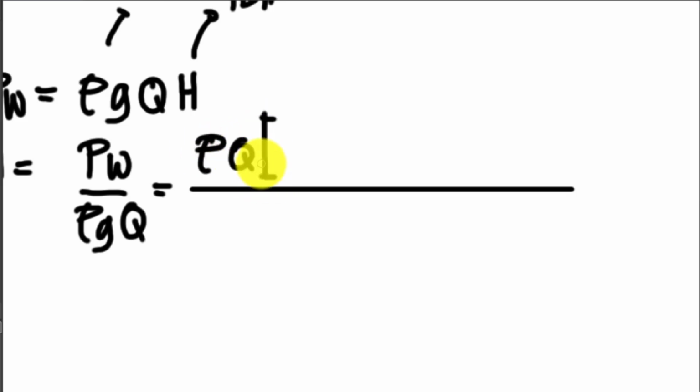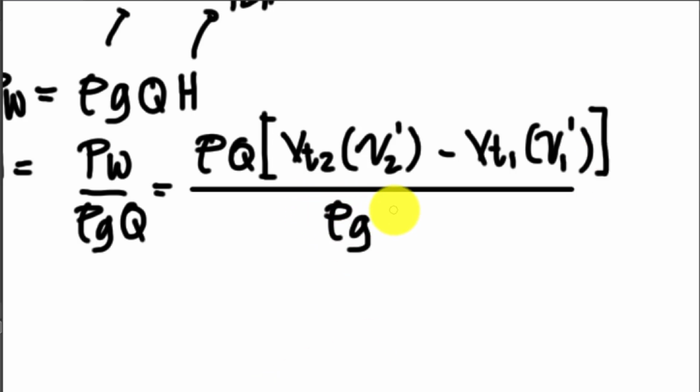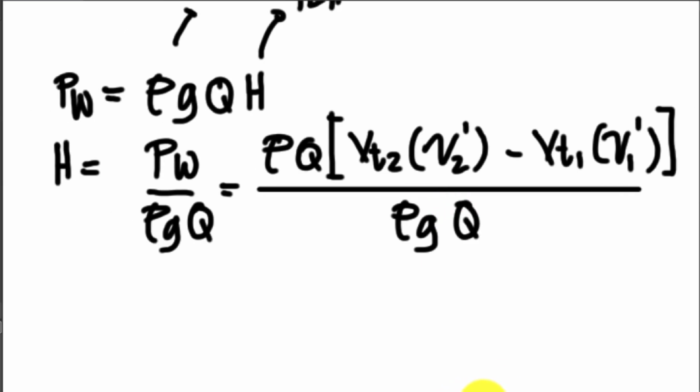So bracket this, we have your tangential velocity 2 times my velocity of the vane prime, point 2, and tangential velocity 1 times my velocity of the vane at leaving, no? This is leaving the vane and this is entering the vane, so that will be v1 prime, close, okay? And this is divided by the density, gravity, and the volume flow rate. Now, since we have the common density, this one, and this one, your volume flow rate will be cancelled out.